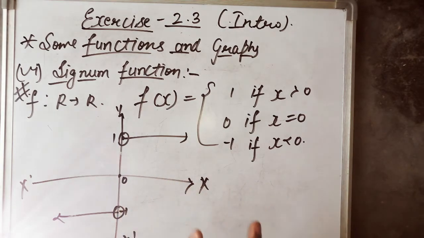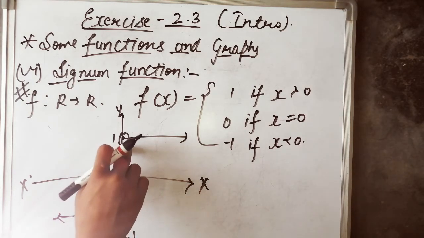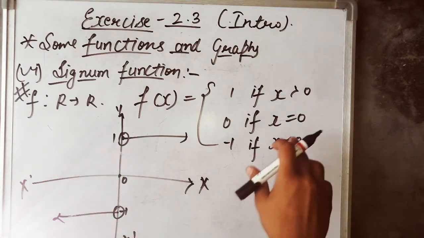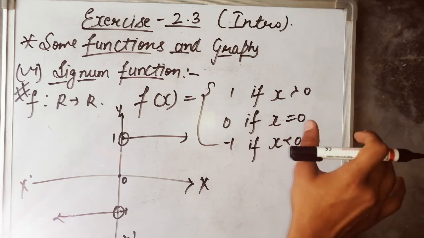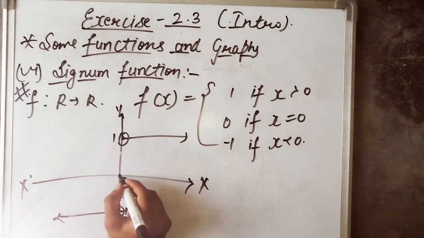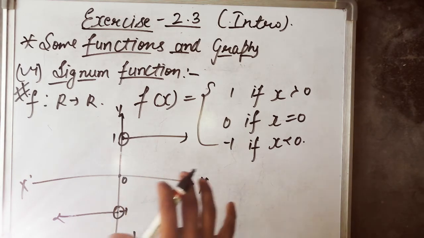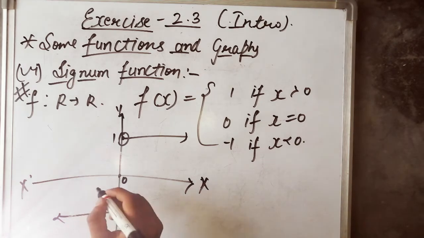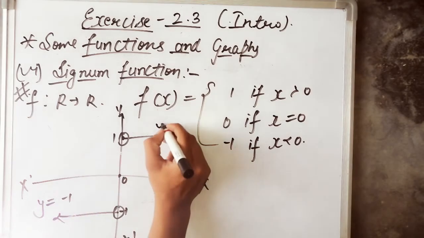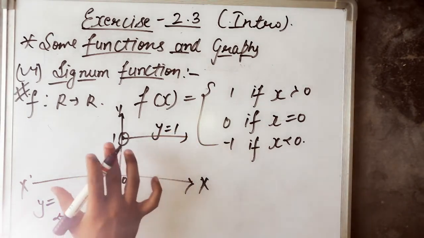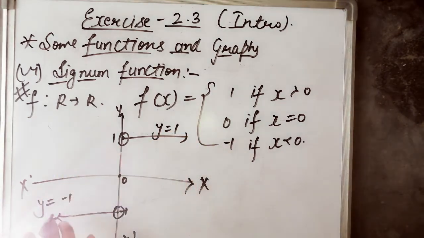And here 1 is not included. And what if the value of x is equal to 0? If the value of x is equal to 0, the function will give 0, and it need not be drawn here. This is the graph of this function, and we can also write y equals minus 1 and y equals 1, because the y value here is 1 and the y value is minus 1 here.